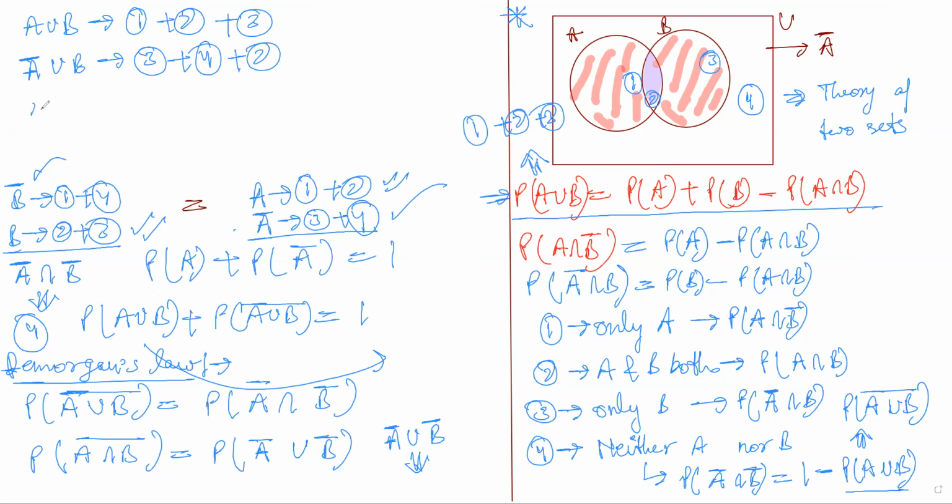So can you guys tell me this now? A complement union B complement. What does it contain? In sets, we do not repeat any portion.